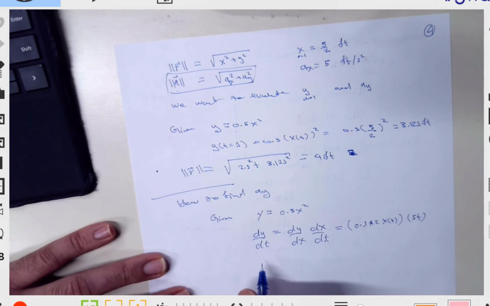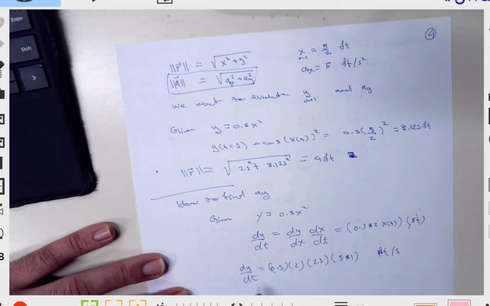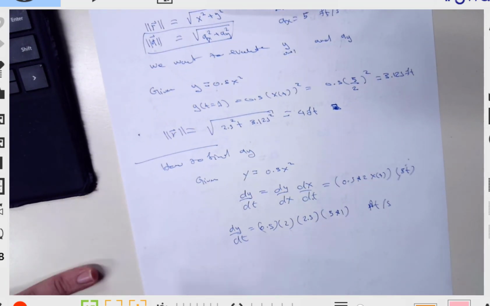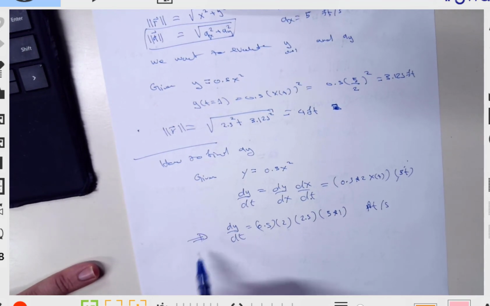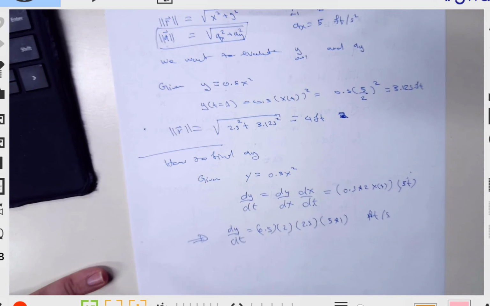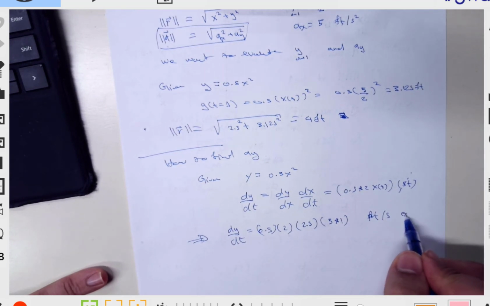So this is 0.5 times 2 times 2.5, which is the value of the displacement in x at time equal to 1, times 5 times 1. But anyway, we don't need it, although in the previous example I showed you how to calculate the component. This is extra knowledge.